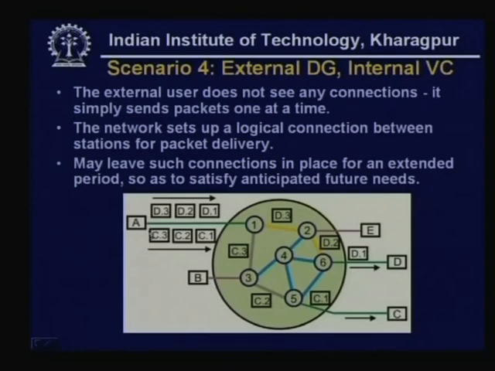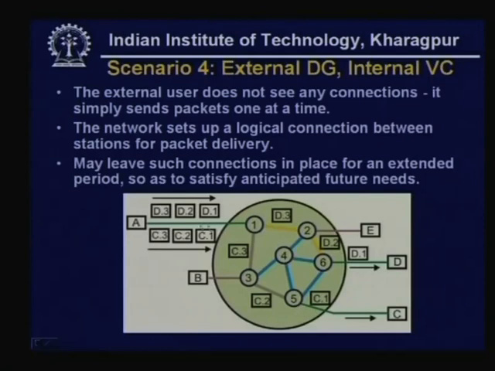Similarly, from A to C also we find that C1, C2 and C3 have been presented in the same order to node A, and you can see here that C1 has reached earlier than C2 and C3. So, this is the route that is being followed through the virtual circuit that is being created between node 1 and node 5.